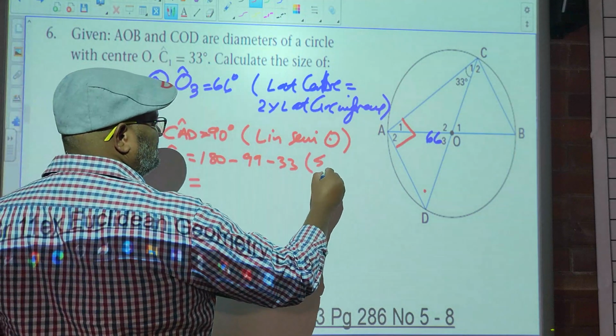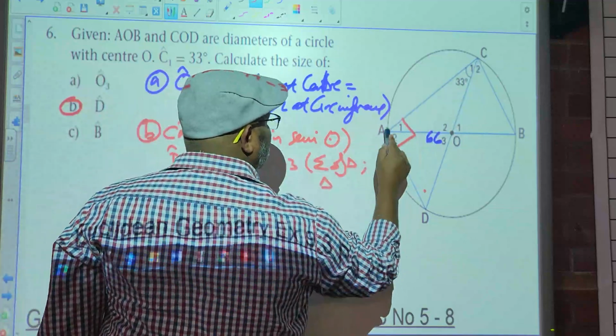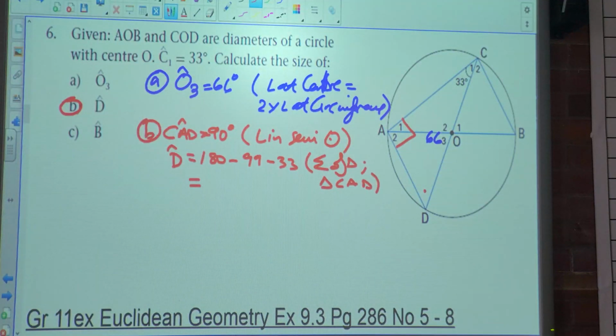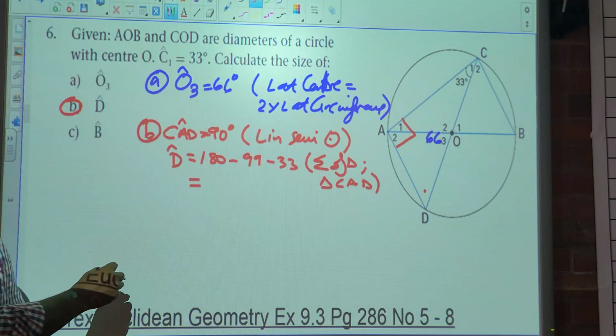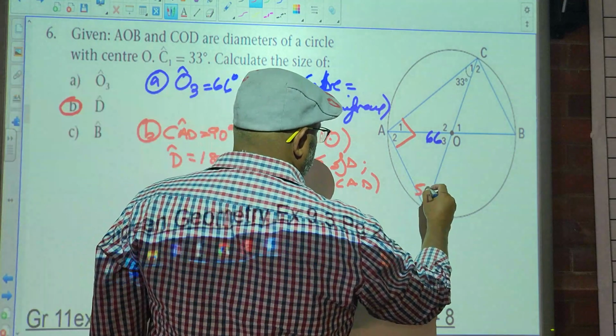Reason? Sum of angles in a triangle, and it's triangle CAD. Okay, so we give you an angle of 57 degrees.